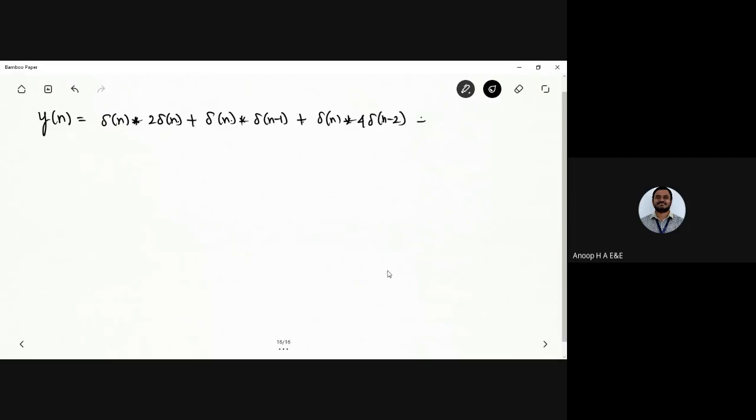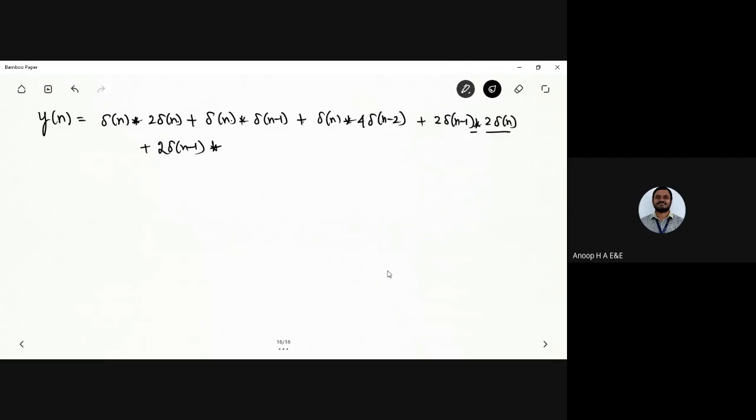Okay, plus next take the next one, that is 2 times delta of n minus 1 convoluted with 2 times delta of n plus delta of n minus 1. So it is similar to the multiplication process here, but we are using the convolution operation.